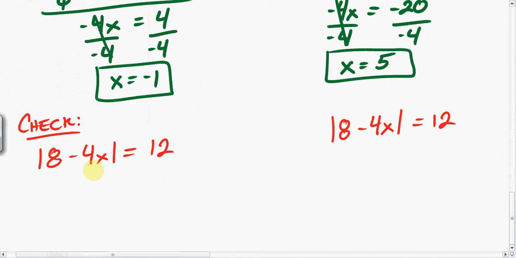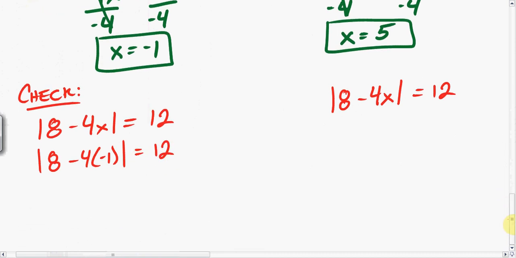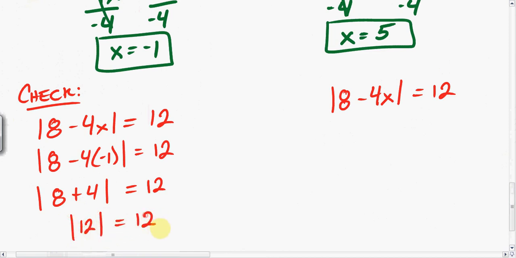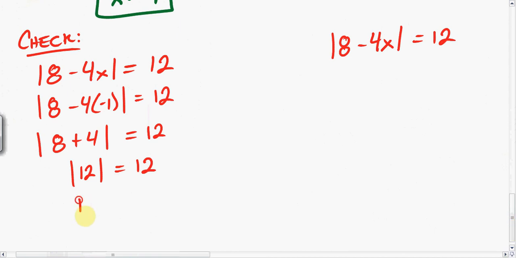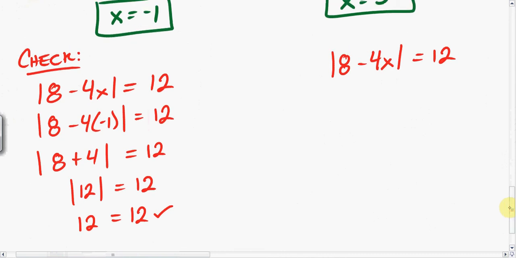So we've got 8 minus 4 times negative 1 equals 12. Negative 4 times negative 1 is positive 4. So 8 plus 4 equals 12. What's 8 plus 4? 12. So the absolute value of 12 equals 12. So the two numbers match. So we know for sure x equals negative 1.